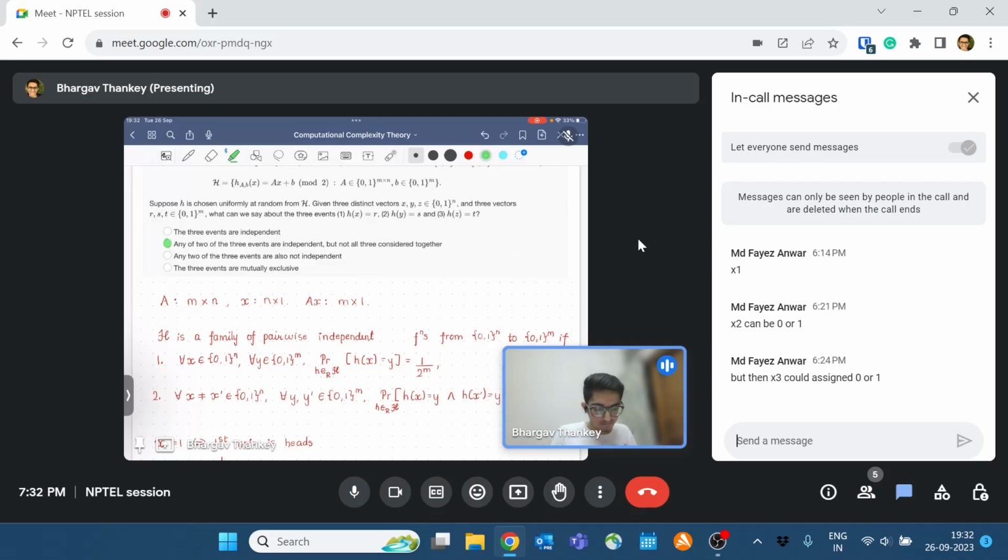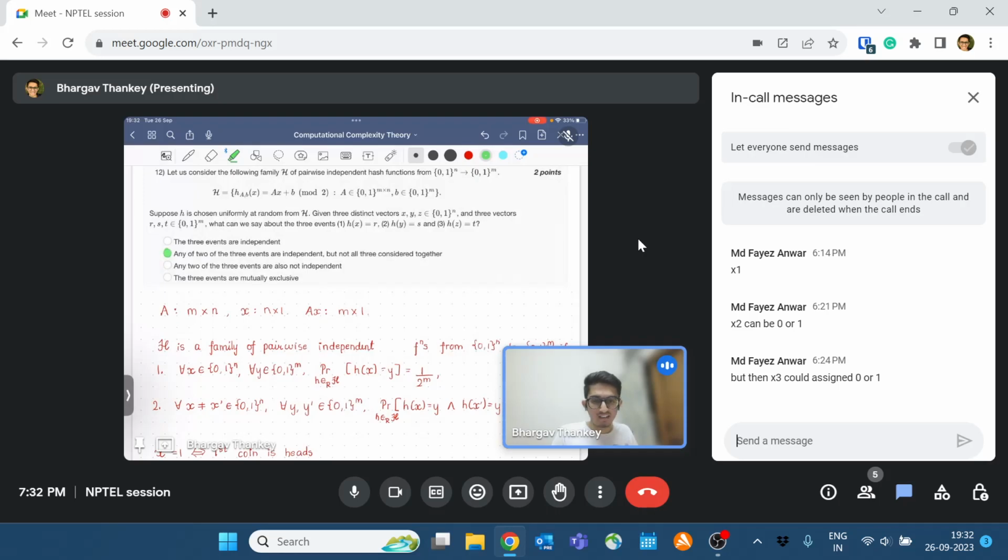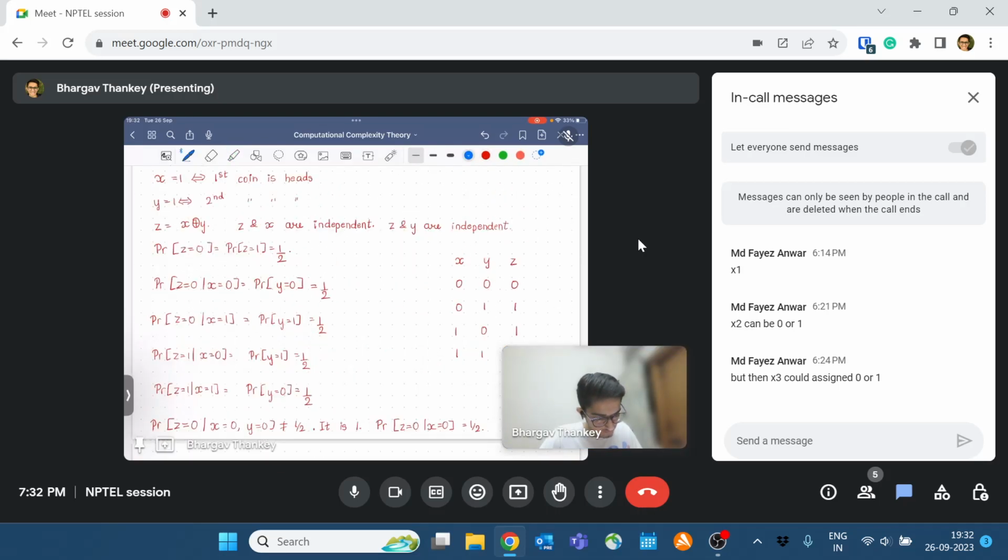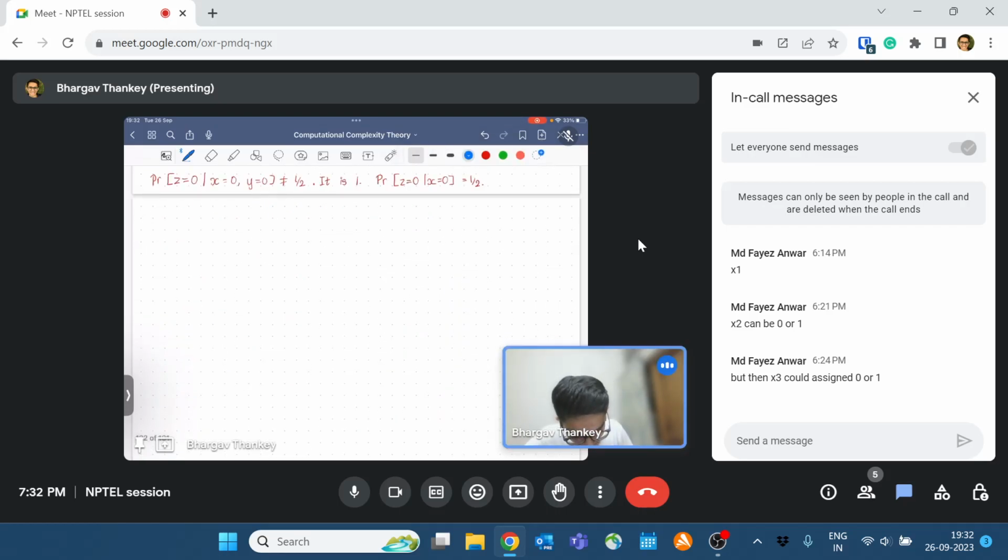And what I'll do is I'll show that there exists X, Y, Z, R, S, T, such that the events are not independent. Okay. And what about any three events?